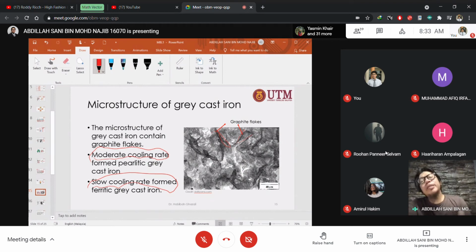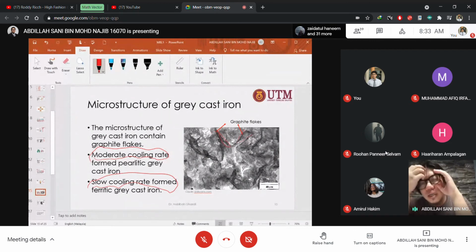Slower means there is enough time and energy for diffusion to occur. So that is why the carbon has that opportunity to form the graphite with its own kind.